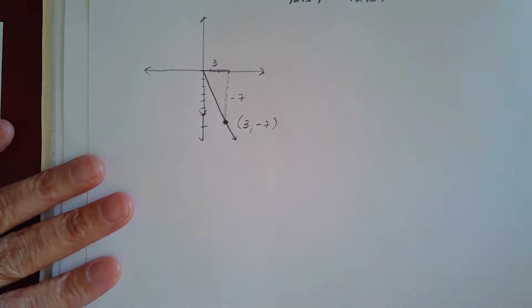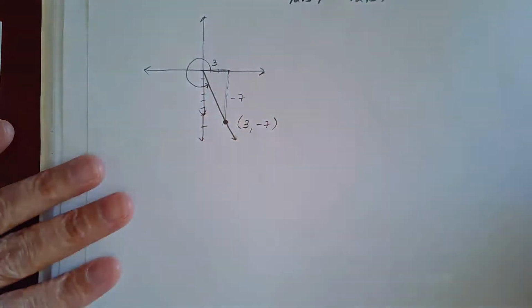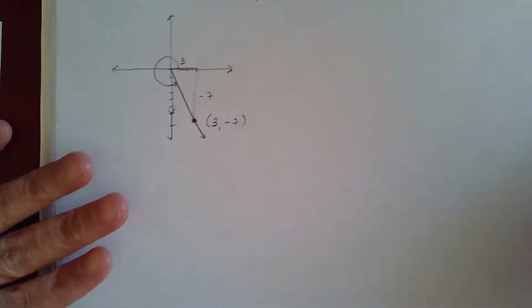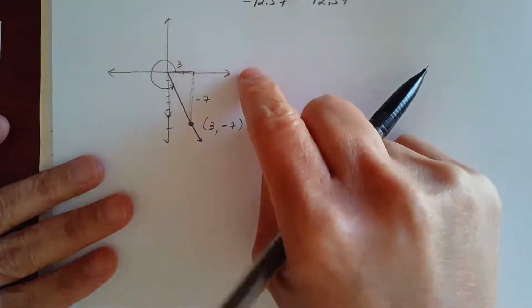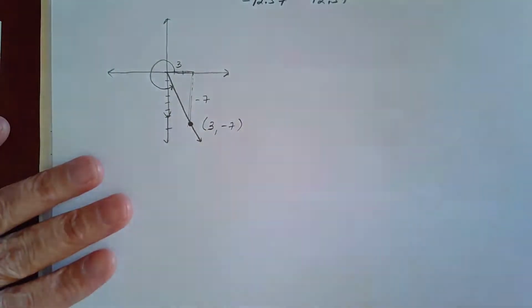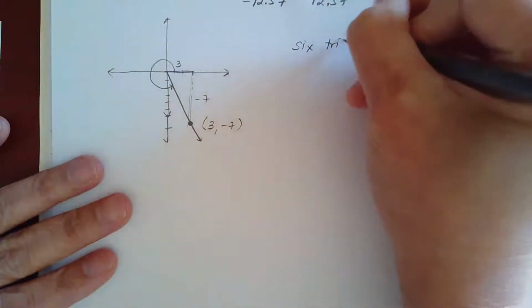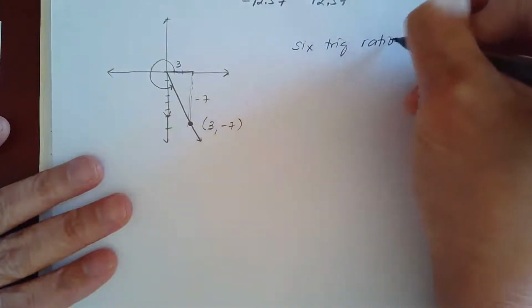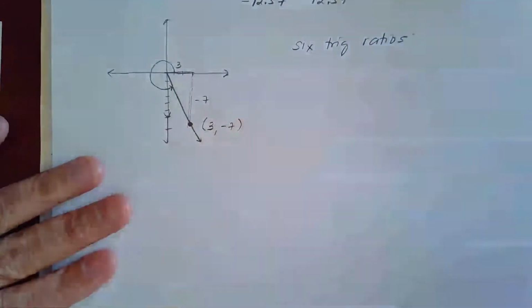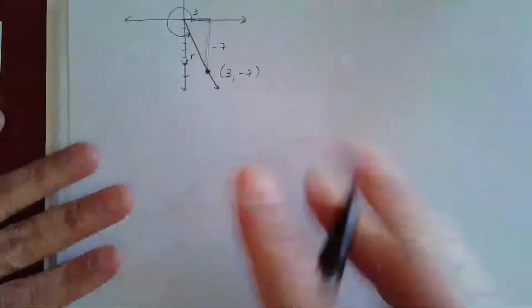So what's our angle? What's our theta? We could go from here all the way down there, right? But before we get to that one, we need to figure out the 6 trigonometric ratios. How do we figure out the 6 trigonometric ratios? We've got the x, we've got the y, we need the r. So we need to find the r first.